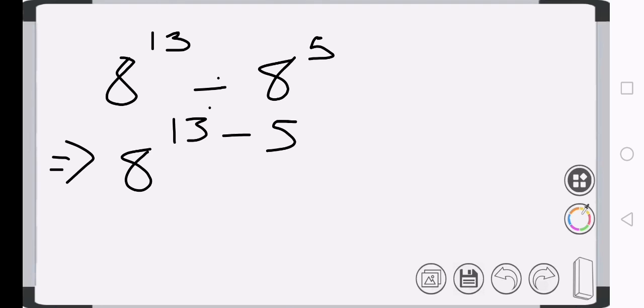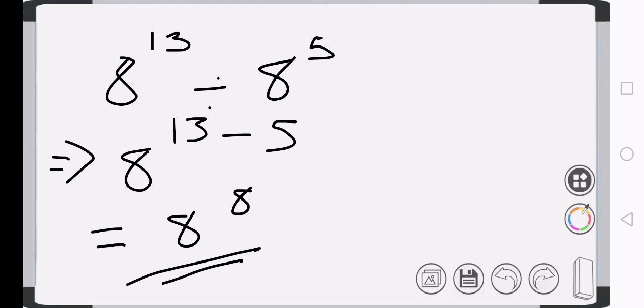Now, 13 minus 5 is equal to 8, so 8 to the power 8. As simple as that. Now, as long as you know what you're doing, you look at the base first and then you look at the powers, then you can answer any question involving indices.